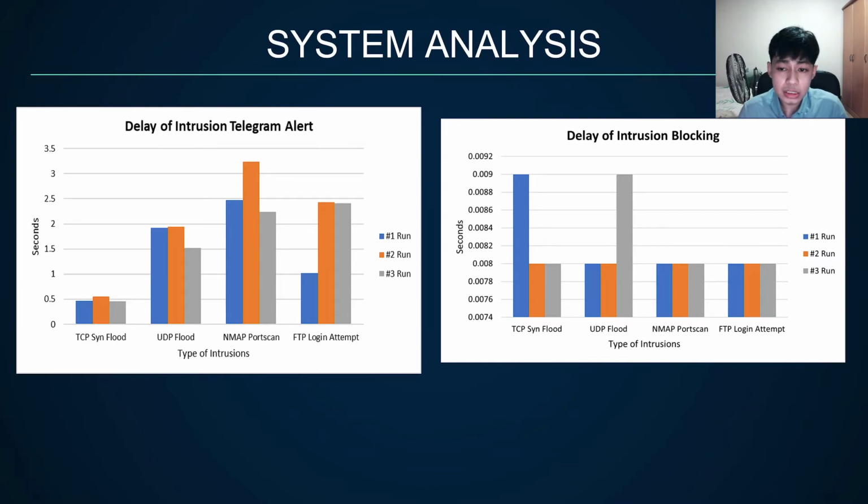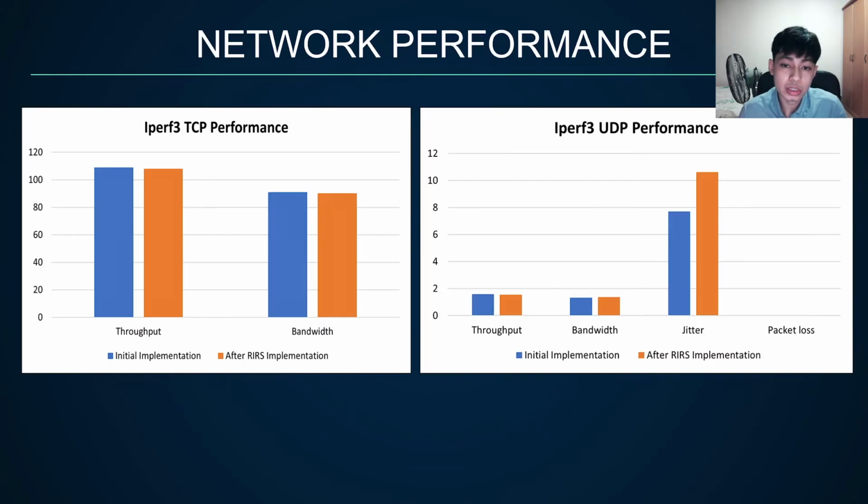The second one is a graph of the delay of intrusion blockings. That means it is a graph of the time it takes for the intrusion to be blocked when the user of the system chooses the block option. All types of intrusion only take around 0.08 to 0.09 millisecond to be blocked.